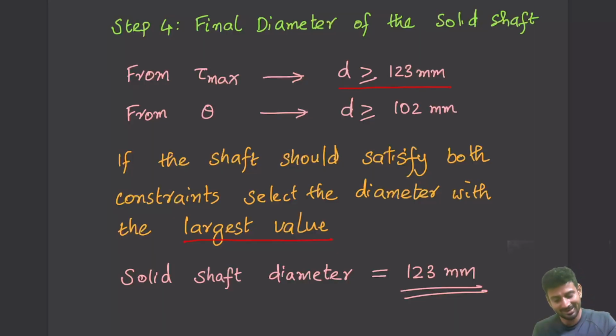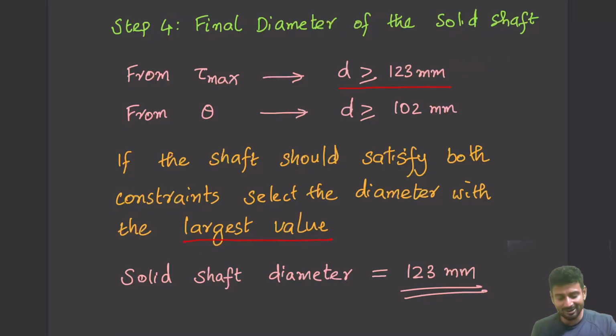So if you select this 1 or 2, the first condition we cannot satisfy because 102 is not greater than 123. So the diameter to select is always the largest diameter. So if the shaft should satisfy both constraints, select the diameter with the largest value, which is 123 millimeters.